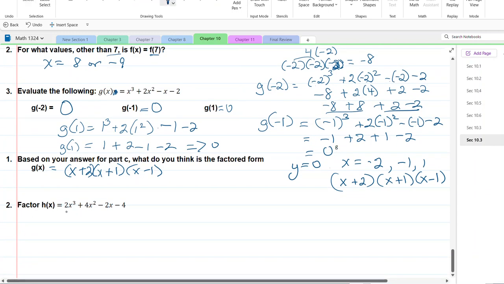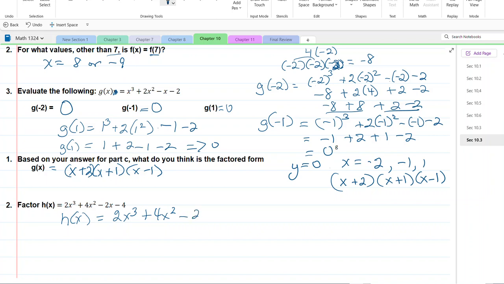Now they want us to factor this guy. Well, if we don't have a clue of the zeros, we do some factoring by grouping, for 4 terms. We find the GCF for each pair. Well, this one is 2x squared. If I divide 2x squared into x cubed, I get x.